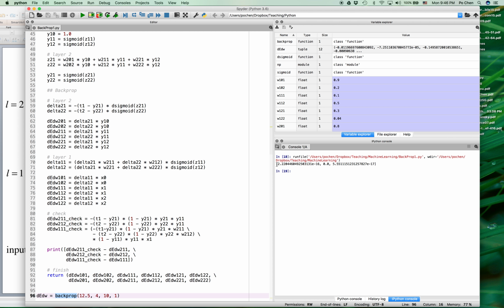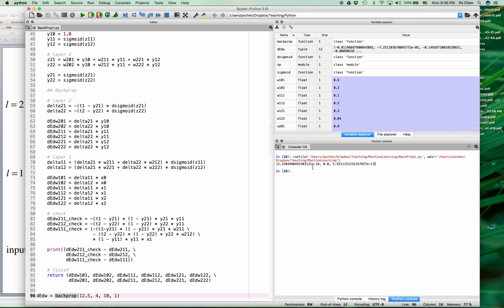And then we see this particular output. This is 2.2 something multiplied by 10 to the minus 16. This is exactly 0, and this is 5.55 something times 10 to the minus 17.